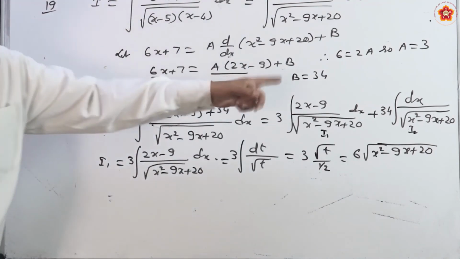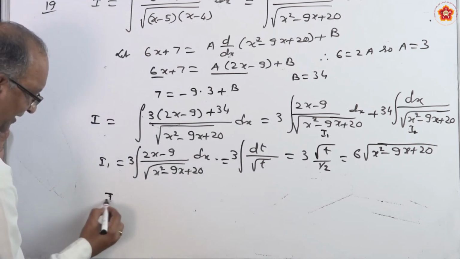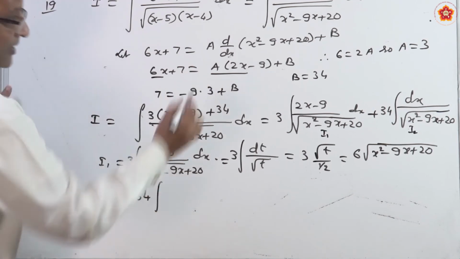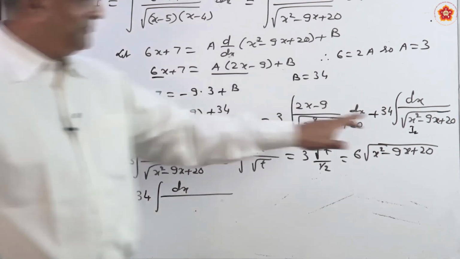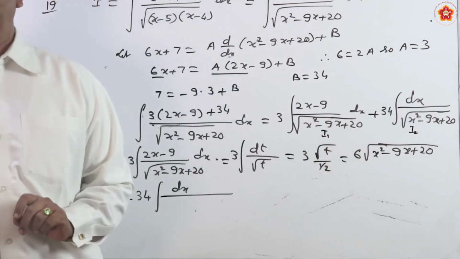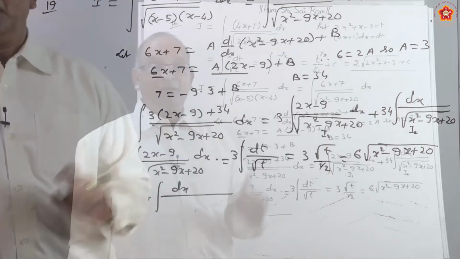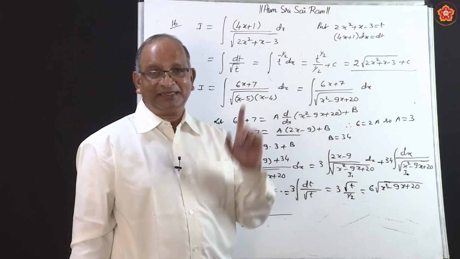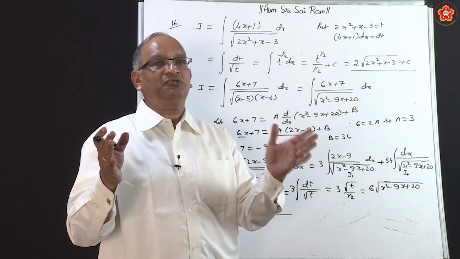Come to the second integral. Second integral, which I am calling I2, let 34 be outside, integral of dx upon. Now, remember there is nothing in the numerator, it is more like 1, but it is in the form under root of ax square plus bx plus c. So you have to separate them as sum or difference of two squares.